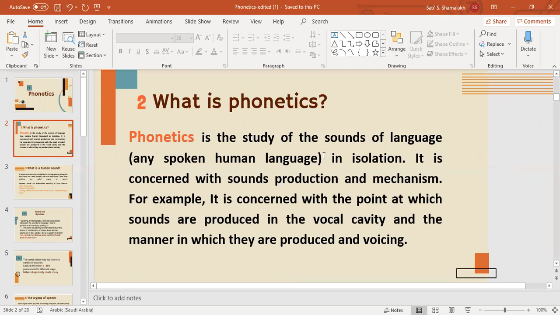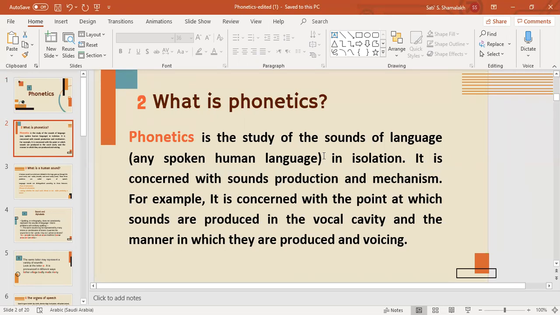So it is the same way how to describe sound in English, okay? So this is what we will study. What you study in Quran is what you will study in phonetics, okay? So I'm sure that you will enjoy it and you will learn from it.